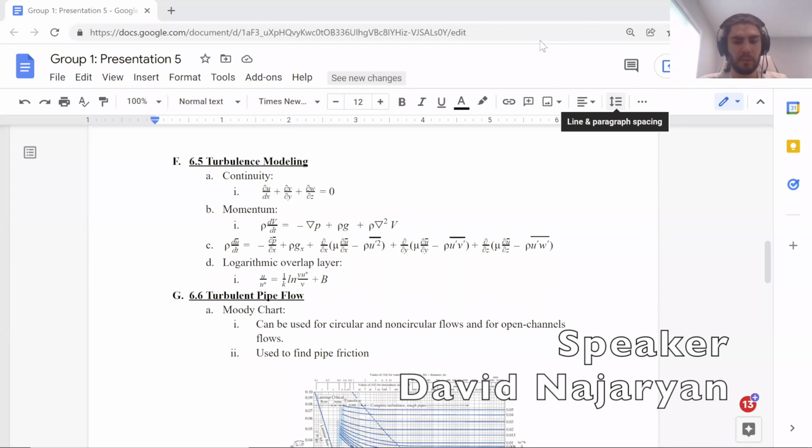For the momentum equation, we have equation C, which is the correlation or the fluctuating velocity equation. Finally, we have equation D, the logarithmic overlap layer. This takes the wall law and the defect law and finds overlap layer velocities.